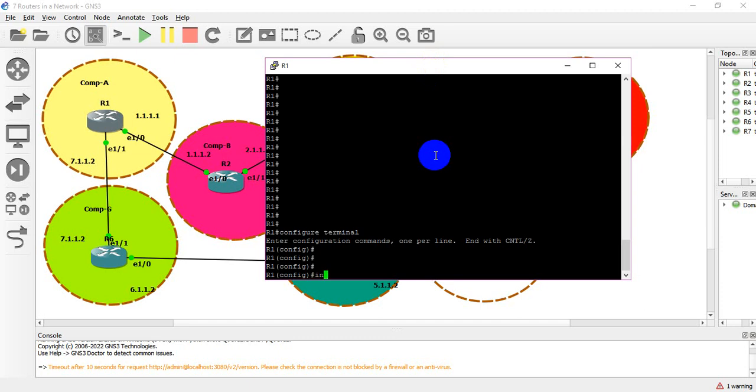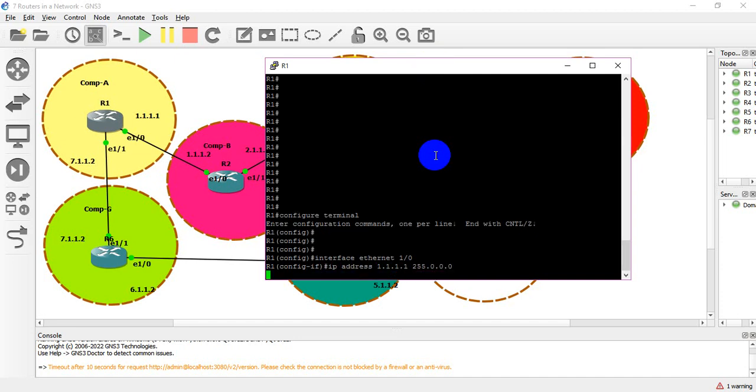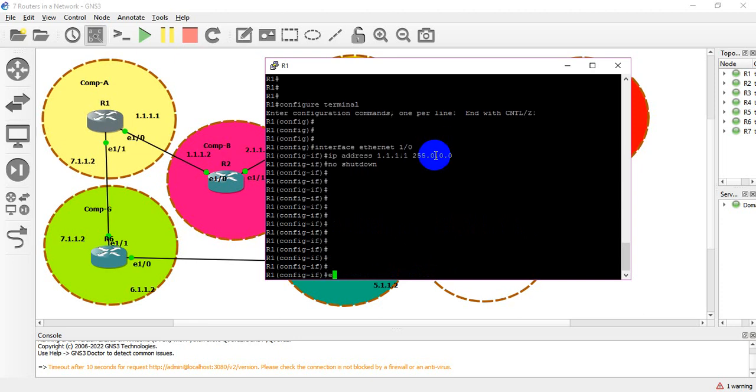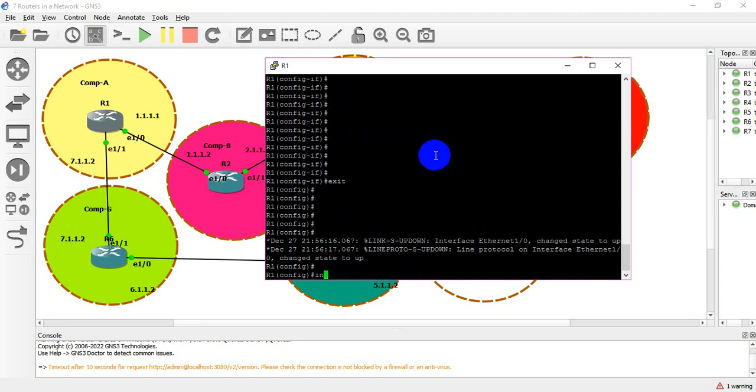Right here, interface, ethernet, port number 1 by 0, and right here IP address, subnet mask is this one, and say no shutdown. The same procedure for all ports, and as you can see, change state to up.